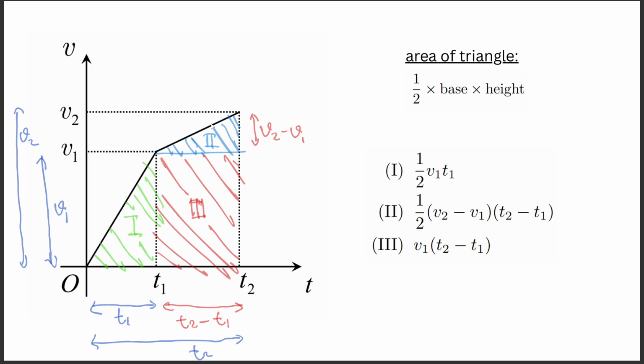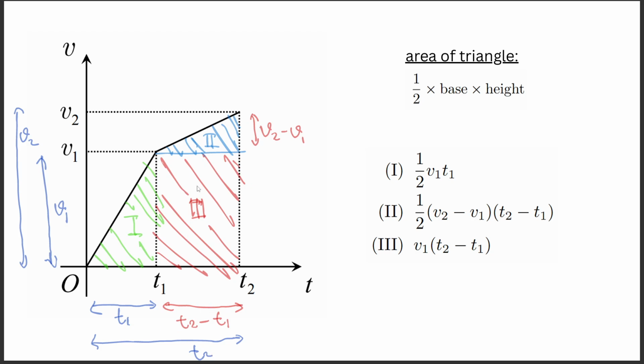And for area 2, the base is the distance from t1 to t2, and the height is the distance from v1 to v2. And we know that from O to t2 is t2, and from O to t1 is t1. So to find the distance from t1 to t2, we can just subtract, t2 minus t1.